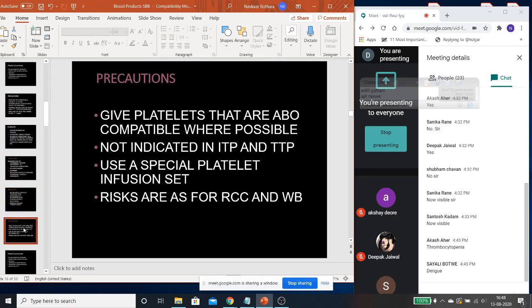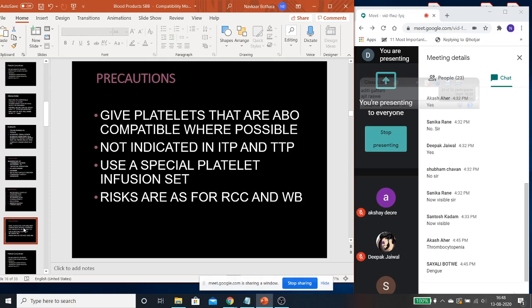What precautions does one have to take when giving platelets? Give platelets that are ABO compatible wherever possible. Although platelets do not carry these groups the way RBCs do, they can still form complexes, so it is better to check and give platelets compatible as per the ABO grouping, as we have seen in blood groups.